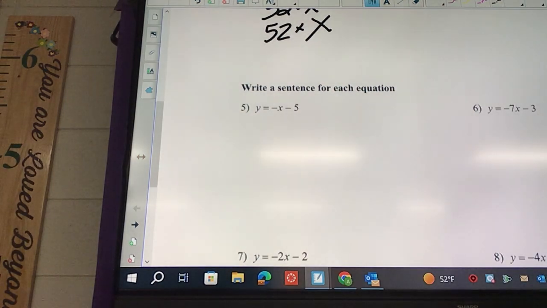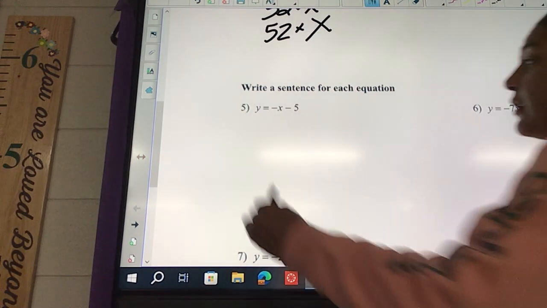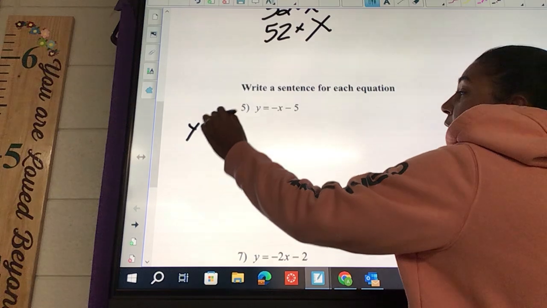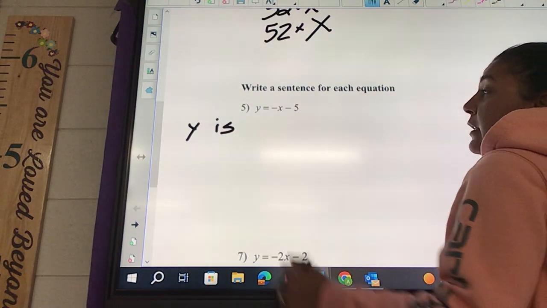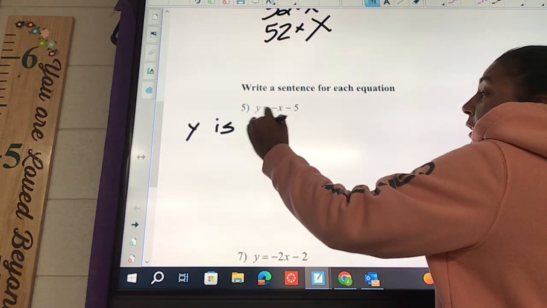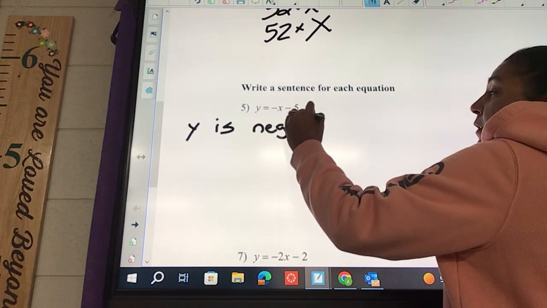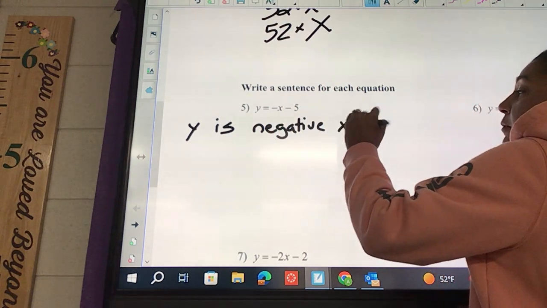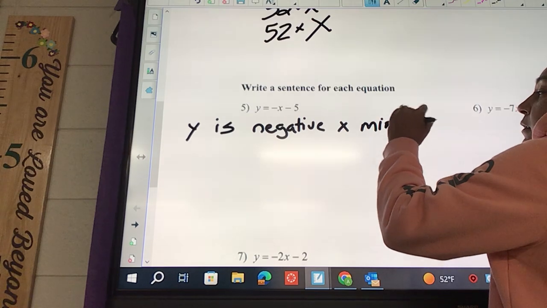Number 5, it wants you to write a sentence. Okay, so we got y is, or equals, or is equal to negative x minus 5.